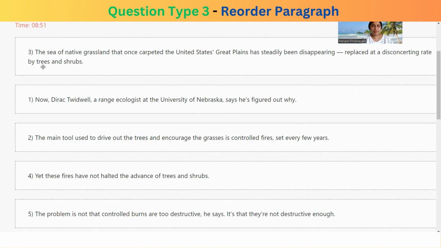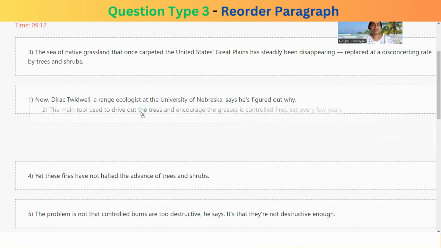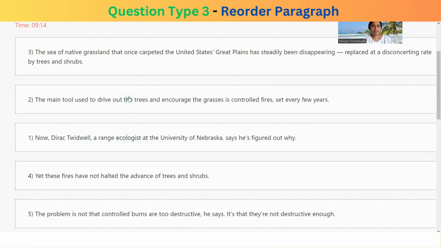Now trees have been introduced. The main tool they are going to use to drive out, removing these trees and encouraging the grasses, is controlled fire. They use fire every few years. So we can use this sentence as the next matching pair for the third sentence.